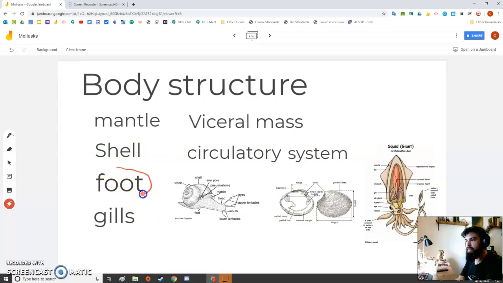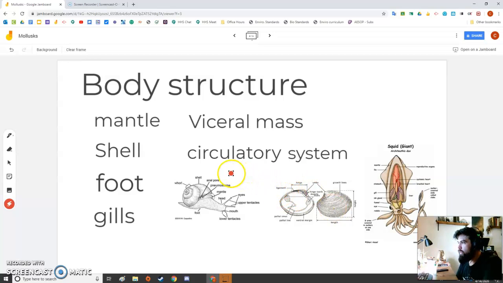And then we have this thing called a foot. Now, this is much different than the foot that you're probably thinking of. What we mean by foot is this muscly mass down here that pushes the snail or the slug along.